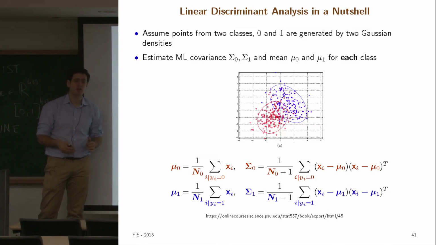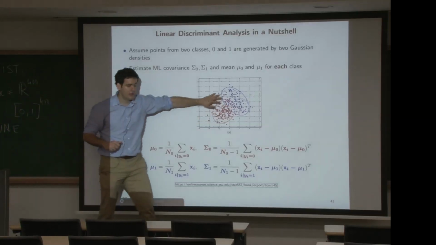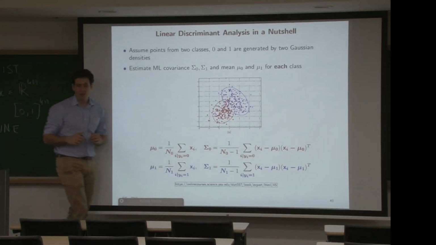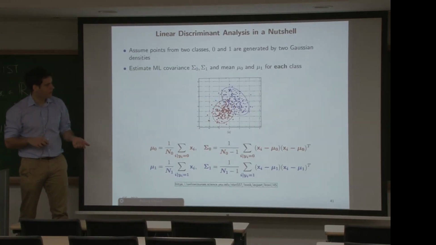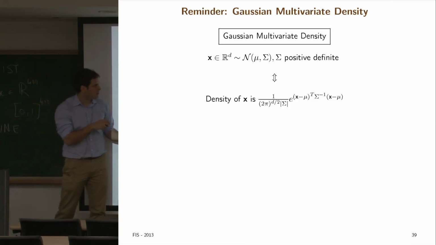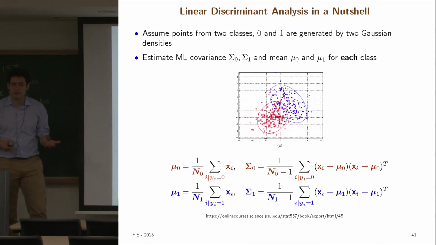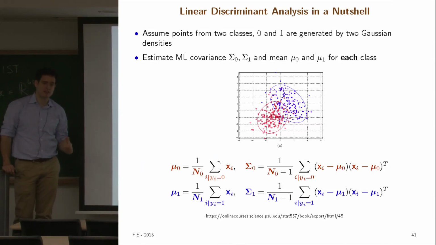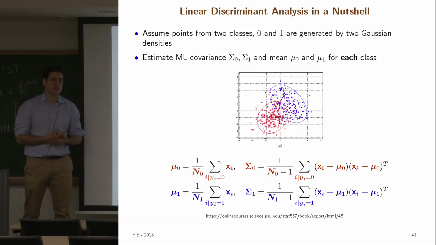What I will try to do is compute, for each of red and blue, the maximum likelihood estimators of the mean parameter mu and the covariance parameter sigma. I don't have access to the real parameters, but I can compute the estimators. If you remember, with the Gaussian density it's very easy to compute those estimators.